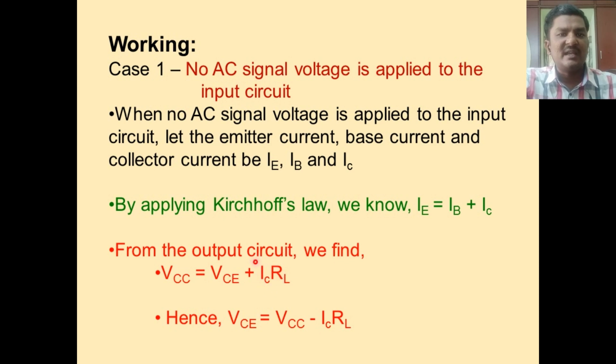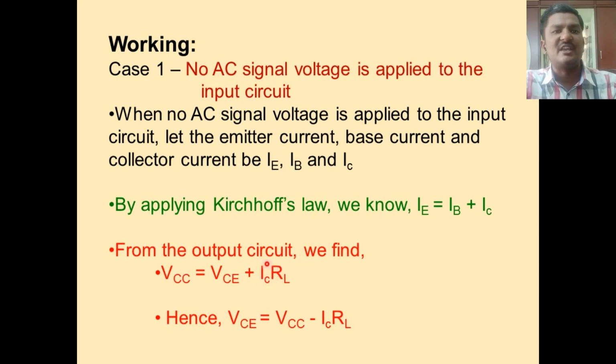So here RL is load resistance. In the load resistance, a current IC is flowing. So voltage drop across RL is given by IC into RL. VCE represents voltage across collector and emitter. So the sum of VCE and IC into RL gives the potential of collector battery VCC.